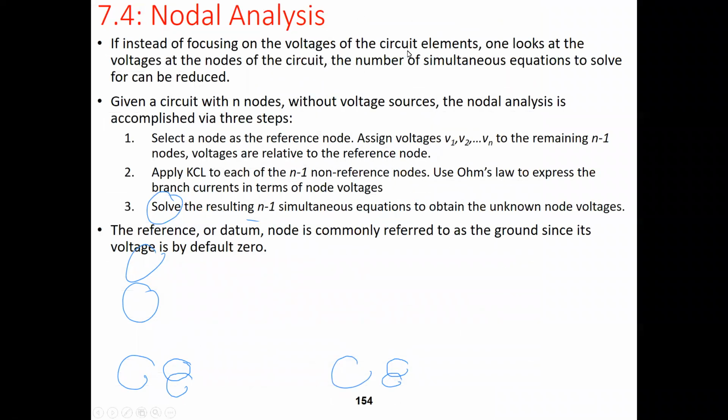Okay, nodal analysis. If instead of focusing on the voltages of the circuit elements, one looks at the voltages at the nodes of the circuit, the number of simultaneous equations to solve for can be reduced. Given a circuit with N nodes without voltage sources, the nodal analysis is accomplished via 3 steps.